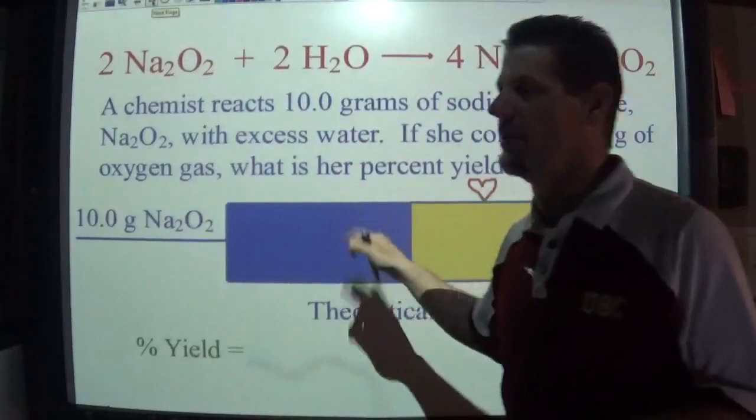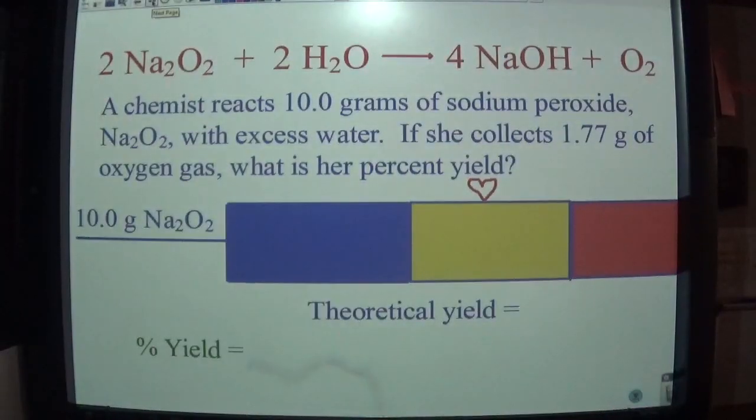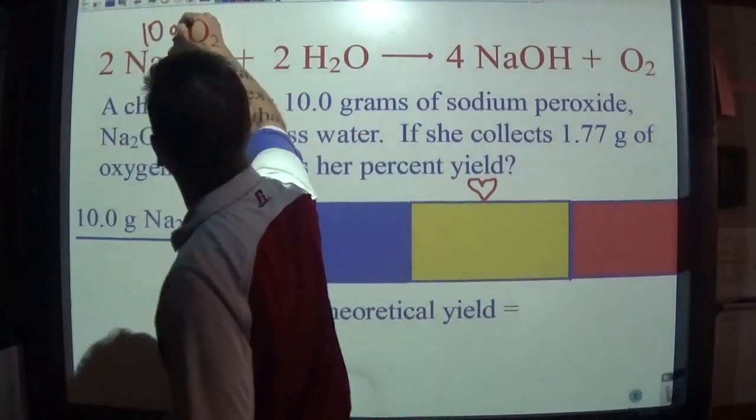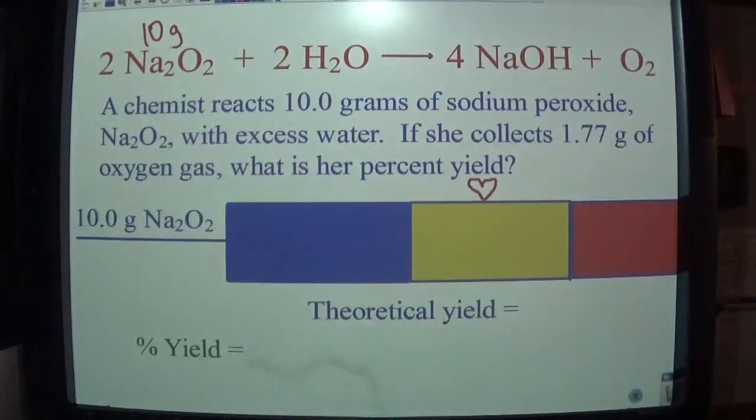I've covered up the numbers so you can see this. The balanced equation says that 2 sodium peroxides react with 2 waters to form 4 sodium hydroxides and 1 oxygen gas. So if a chemist does this reaction and takes 10 grams of sodium peroxide, we're going to start with 10 grams of this stuff, and we react it with excess water.